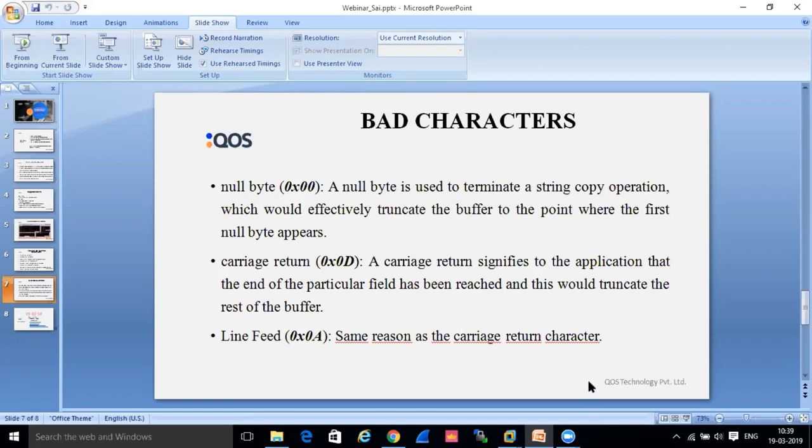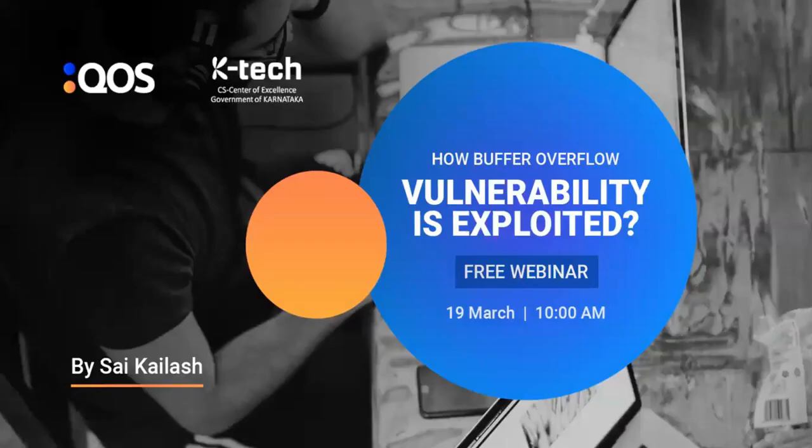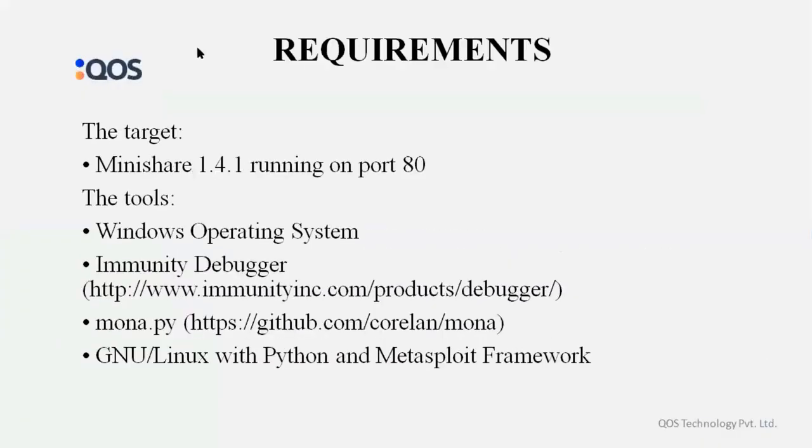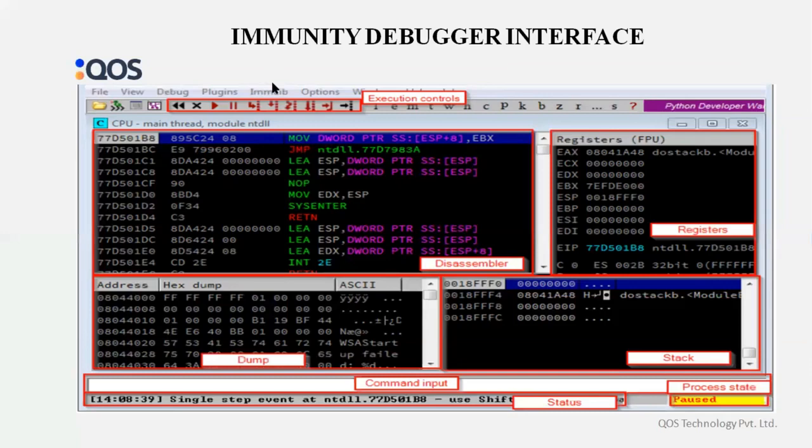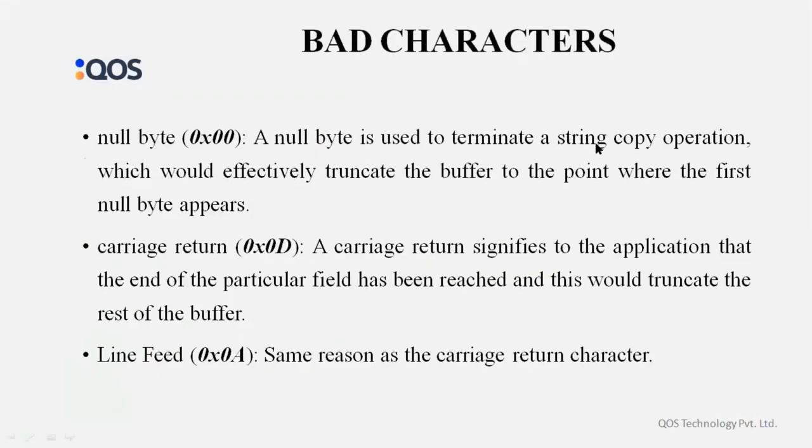Due to the time constraint that we have here, I've already done this process and filtered out the 3 characters that shouldn't be sent, which include the null byte, which is used to terminate a string copy operation.